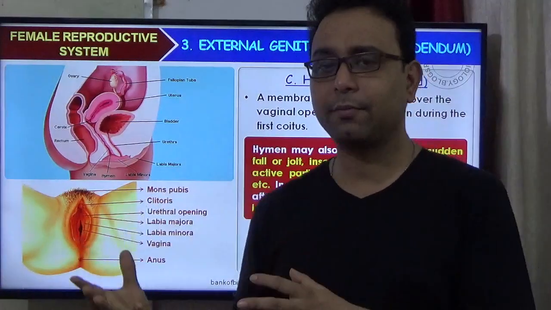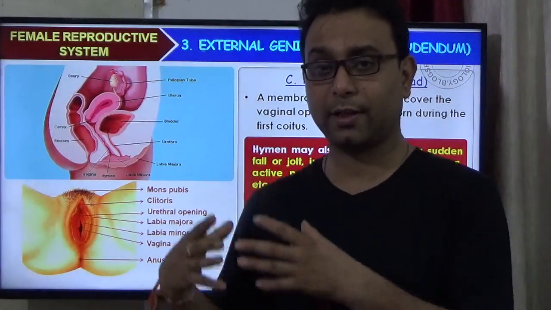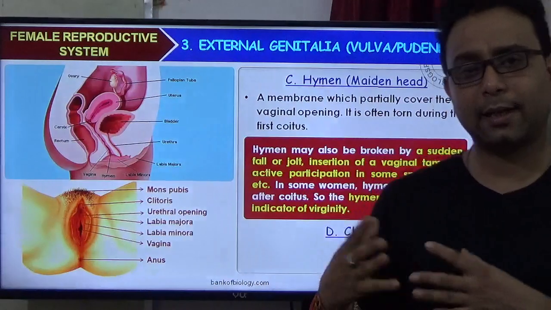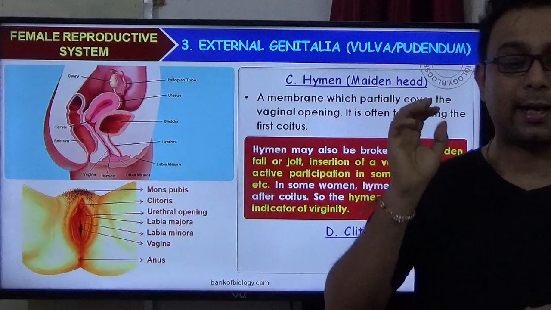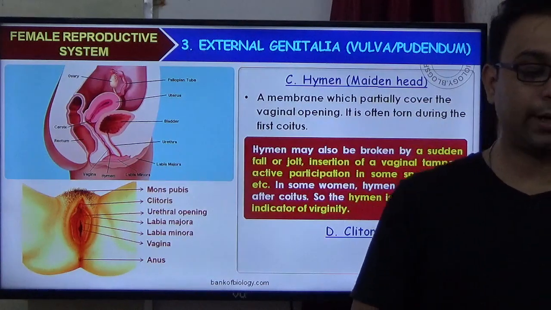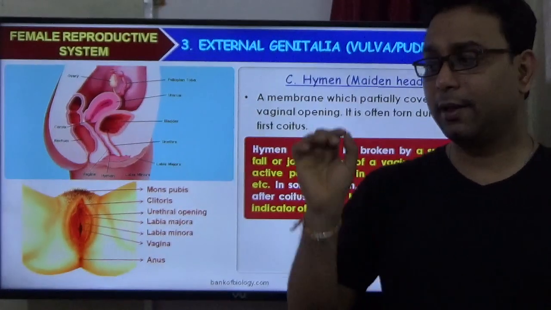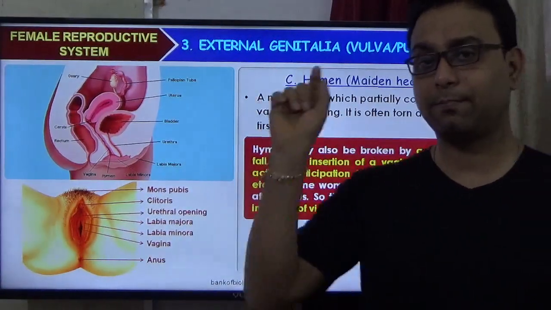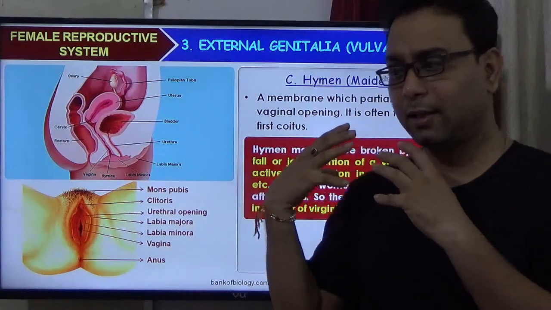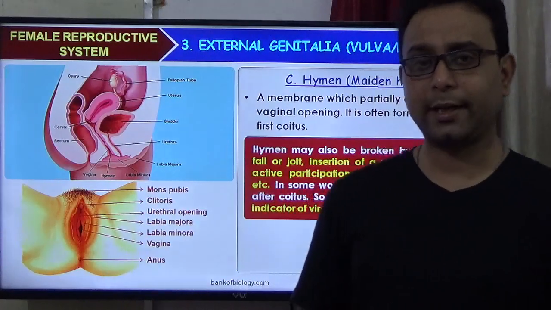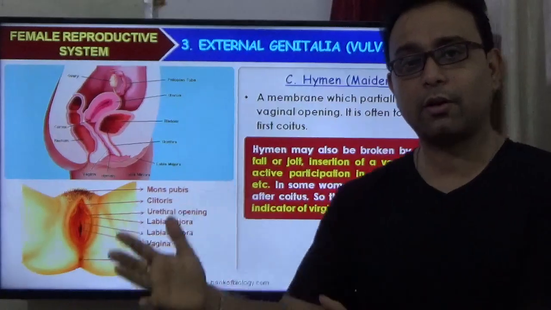When some girls engage in different playing activities, it may break. It is very soft, and the hymen is not a reliable indicator of virginity. That means virginity is not tested by the presence of the hymen, and some people behave wrongly on that basis, right? Because it is a very soft membrane that may break at other times, not only during intercourse.